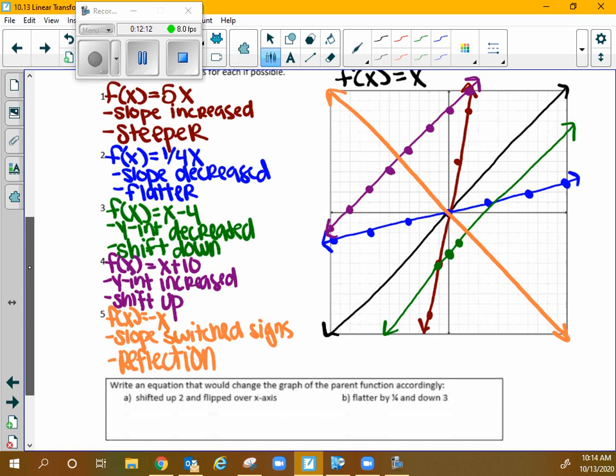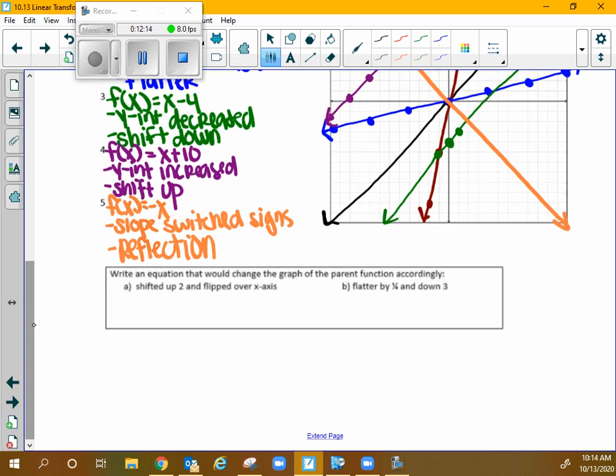Okay? So let's put all of this together. Write an equation that would change the graph of the parent function. So remember, f of x equals x. It shifted up 2 and flipped over the x-axis. How many transformations? 2. Shifted up 2. What does that change? The y-intercept. What's going to happen to the y-intercept?